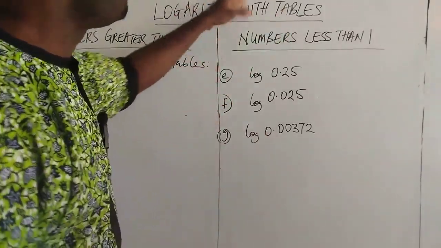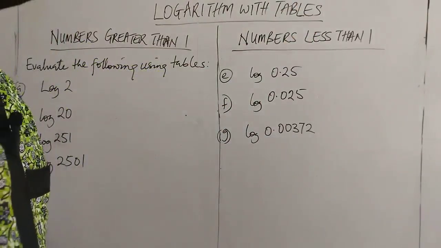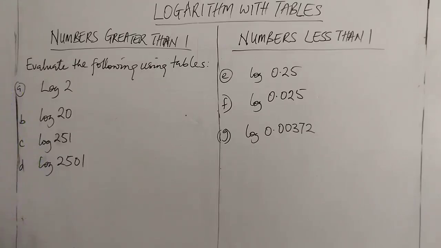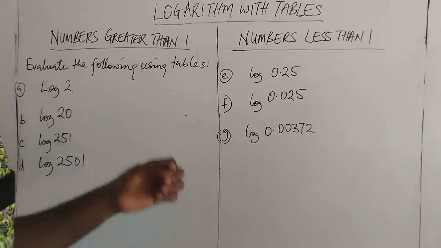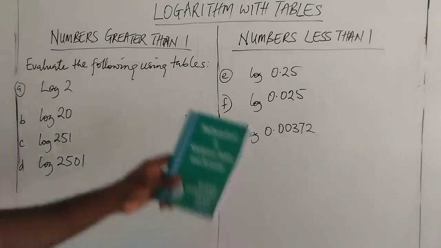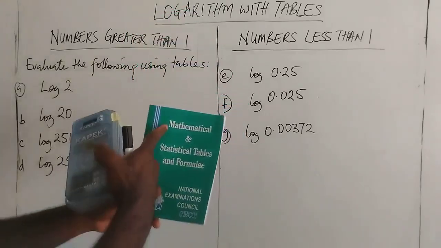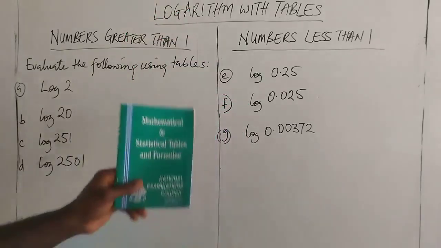When we talk about tables, we are referring to what we call the statistical table. Some people call it 4-figure table. I have this one here. This is mathematical or statistical table.